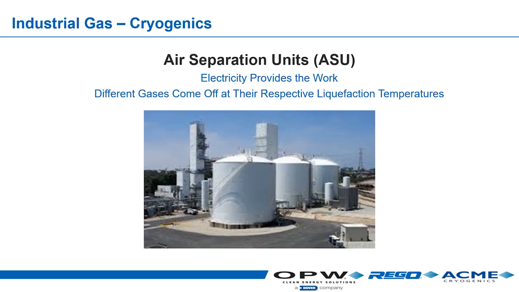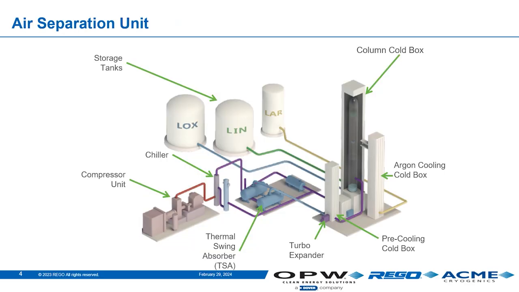A lot of times the industrial gas suppliers will work out an electrical contract first with the local energy company, and that more than anything else determines where they place the ASUs, because that's probably 60 to 65% of their cost. You have huge compressors, you suck the air.